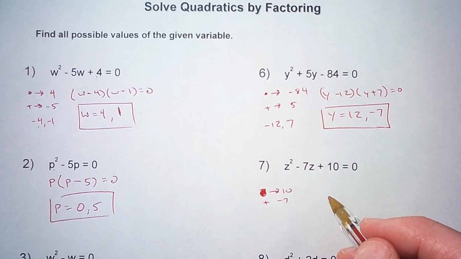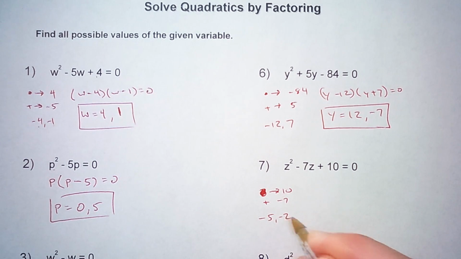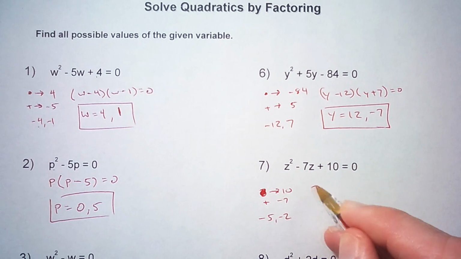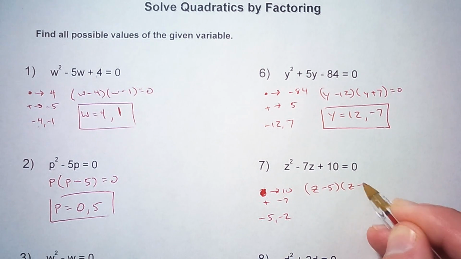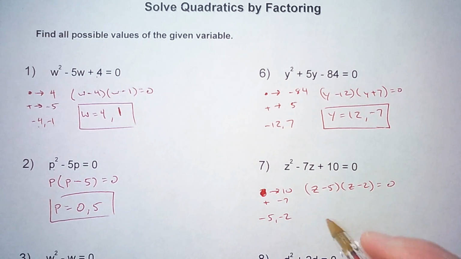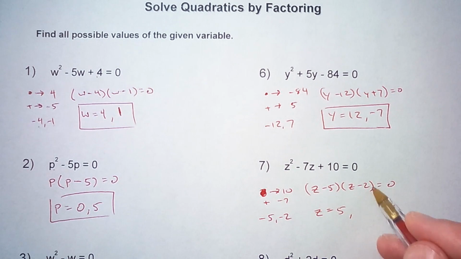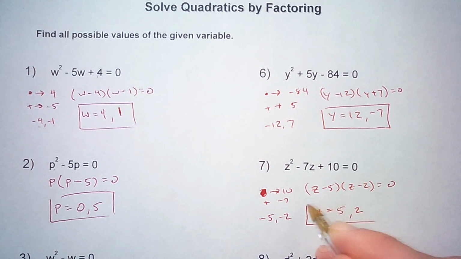Okay, so to multiply to 10 and add to -7, I could use -5 and -2. -5 times -2 is 10. -5 plus -2 is -7. So I have z minus 5 times z minus 2 equals 0. To make this factor 0, I would set z equal to 5. To make this factor 0, I would set z equal to 2.